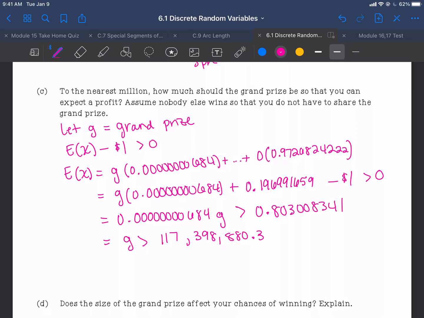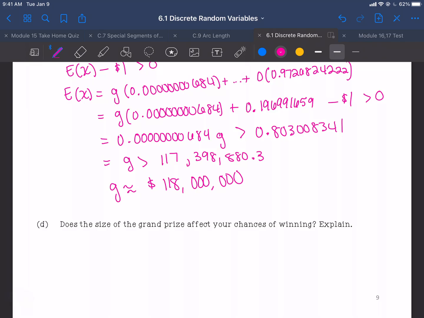So really, you need your grand prize to be about $118 million in order for you to have a profit over the period of time. So if you keep buying to win the Powerball, you would want the grand prize to be about 118 million.